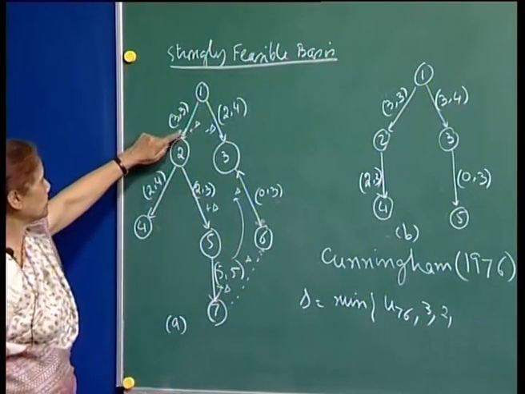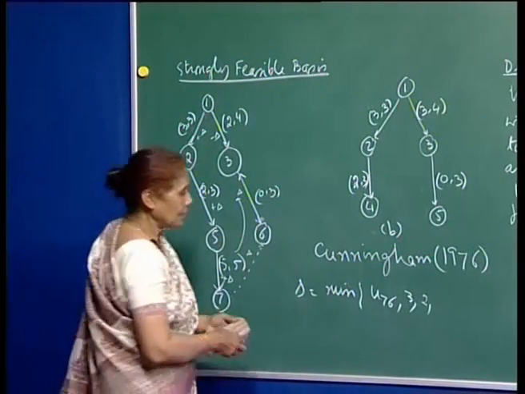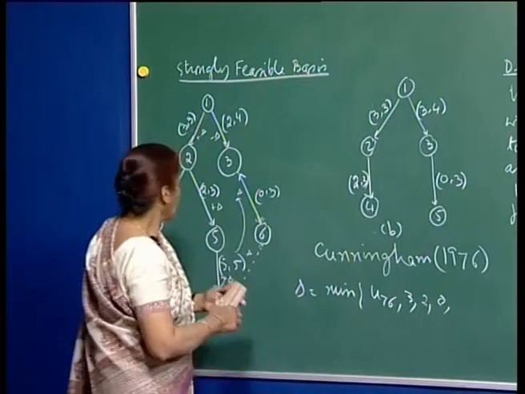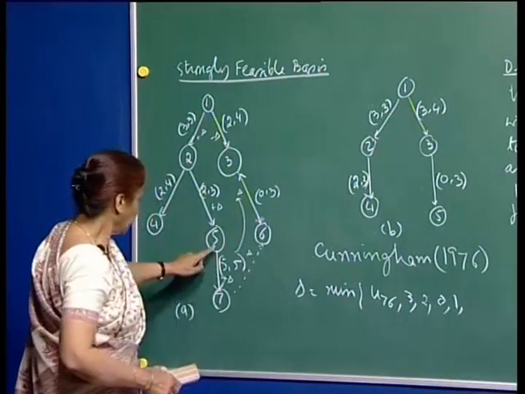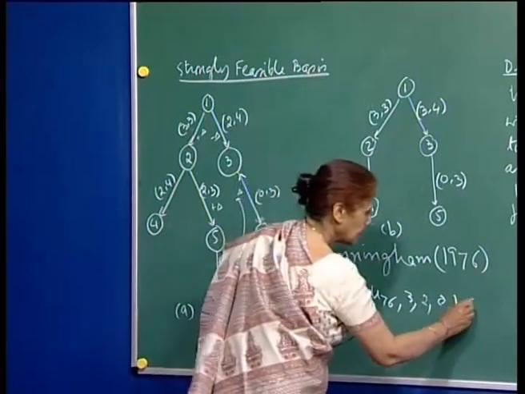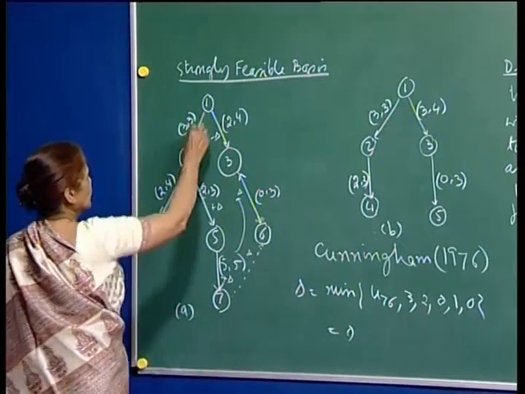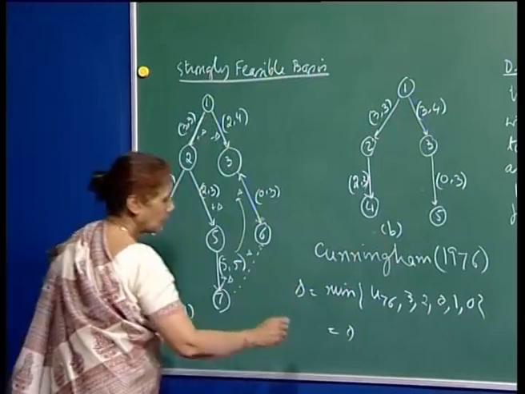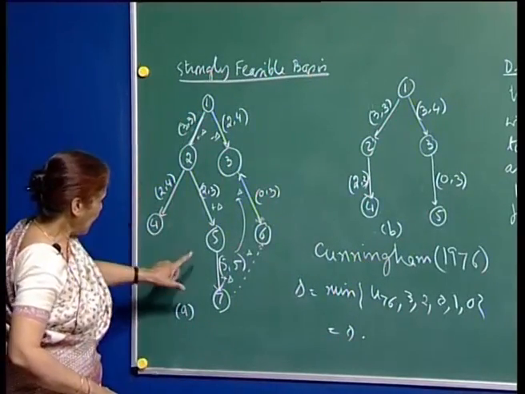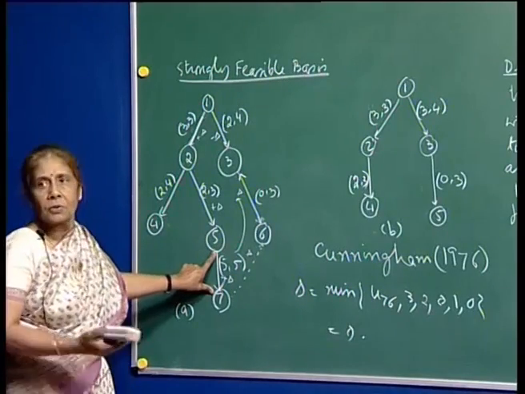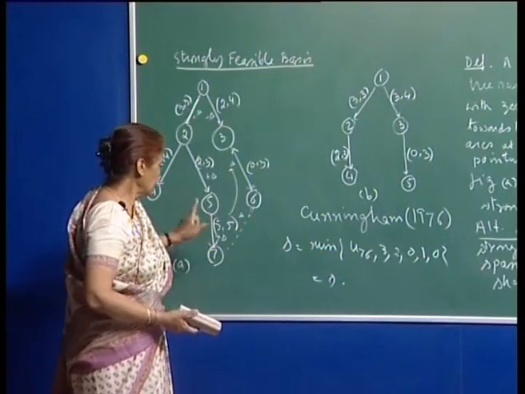Then here the flow cannot change at all because it is already at its upper bound, so it will be 0. Then here it can go up by 1, and here it can again go up by 0 only. So in this case delta is 0, and the blocking arcs are 1, 2 and 5, 7, because they limit the value of delta, right? The delta cannot be anything positive here. So these are the blocking arcs.